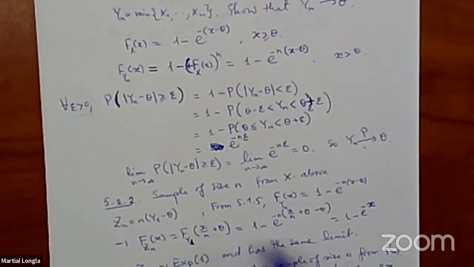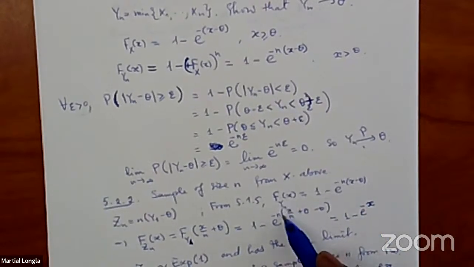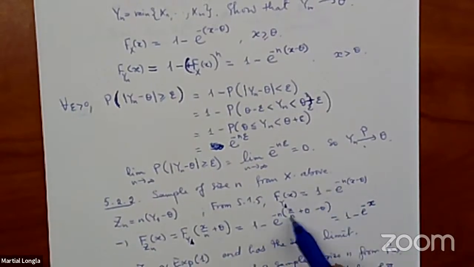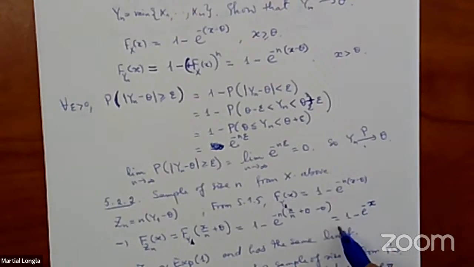And so you get this, and then you plug it into the formula of Y1 that you have here. That's 1 minus e to the negative n times (x over n plus theta minus theta). The thetas cancel, the n's cancel, and you get that Zn, no matter what n is, has distribution 1 minus e to the negative x. It doesn't matter what n is.